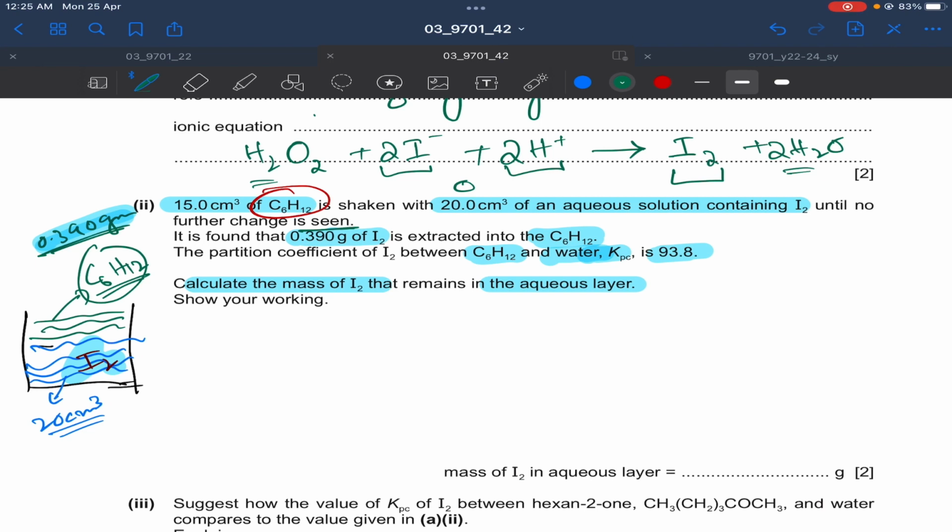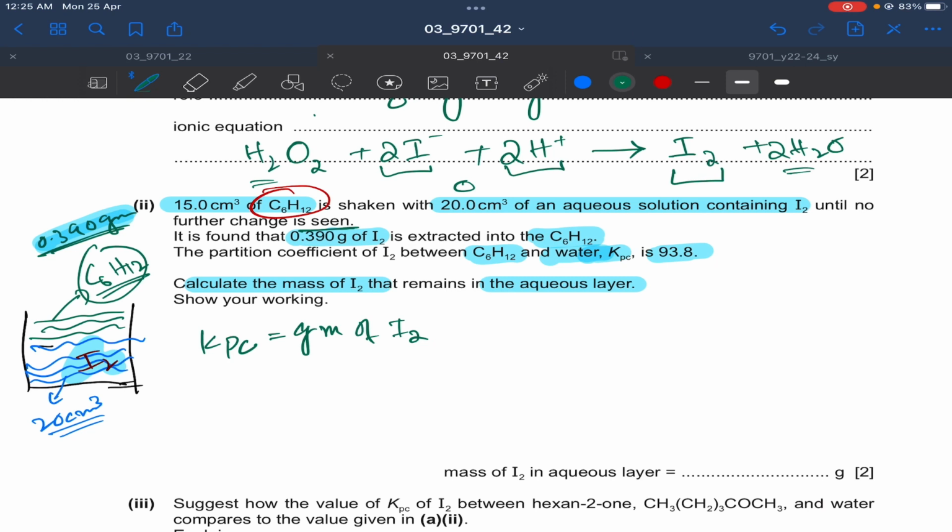Here the two immiscible solvents are the aqueous solution, meaning water, and cyclohexane. The formula of partition coefficient, KPC, equals grams of iodine, because it is a ratio between two concentrations, so no need to convert it into moles. We can simply take it in grams, and the volume would be cancelled out.